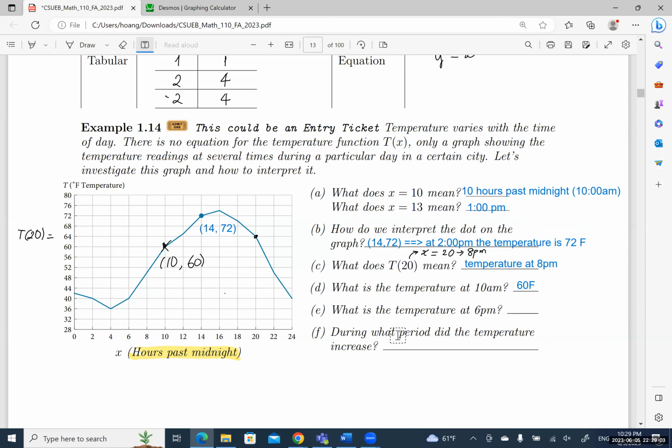What about 6 p.m.? Then you have to think about what is 6 p.m. 6 p.m. is like 18 hours past midnight, right? So it's going to be x equal to 18.